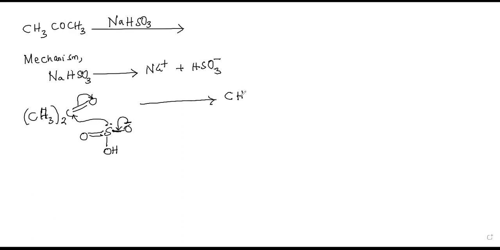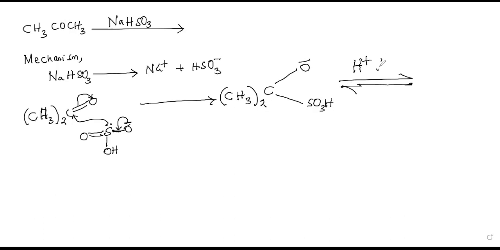So what we form is CH3 times 2, then C, O minus, then SO3 with H. So we shall have hydrogen shift. With hydrogen shift, we shall form CH3 2 times, then C. When hydrogen shifts here, we shall have OH.